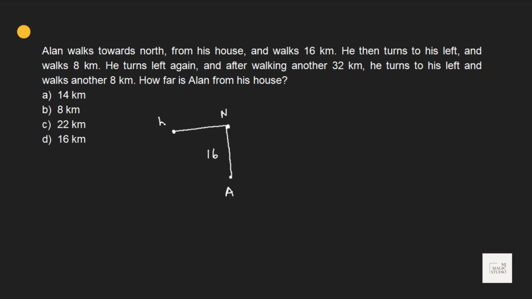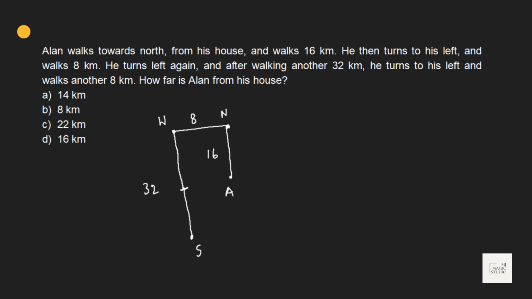So this is 8 kilometers walking towards west. He turns left again, and after walking another 32 kilometers, left means walking towards the south now. 16 done. Let's have 16 more. This is south, so this is 32.